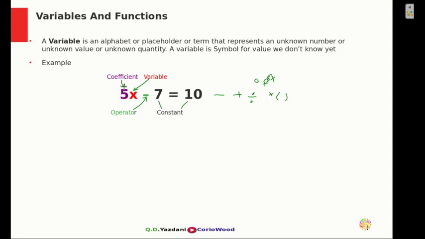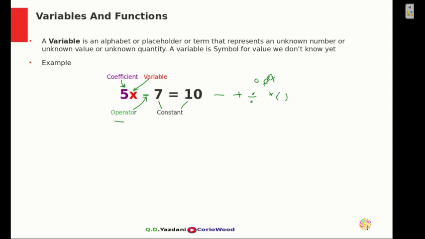The first one here, the 5, can be any number. It doesn't have to be 5. You can put a 3, a 2, a 10, or 100. The number that sits next to the letter is the coefficient. If it's alone, it's a constant.